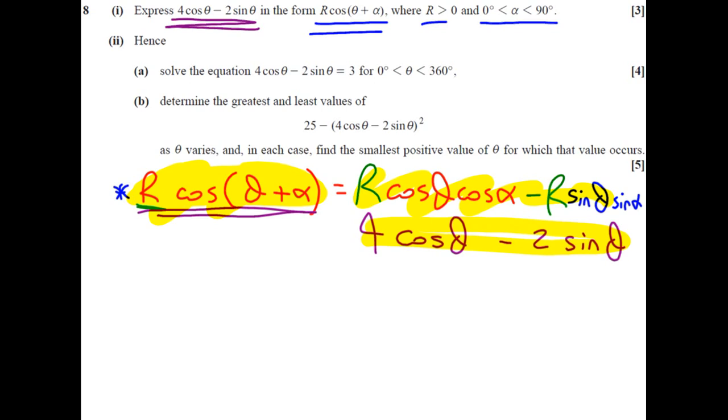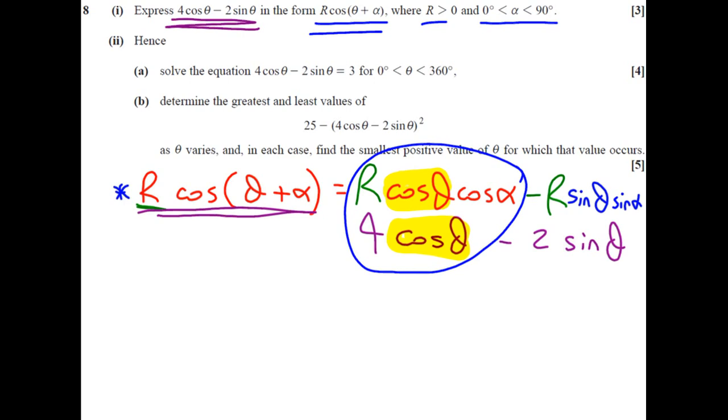So if you force the 2 things on the right to equal each other, you're going to have it in the required form there. So we've already got cos theta in both on the first term. So that means to make them exactly the same, r cos alpha must equal 4. So that's one equation. R cos alpha equals 4.